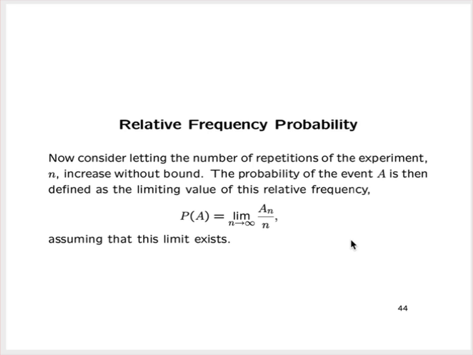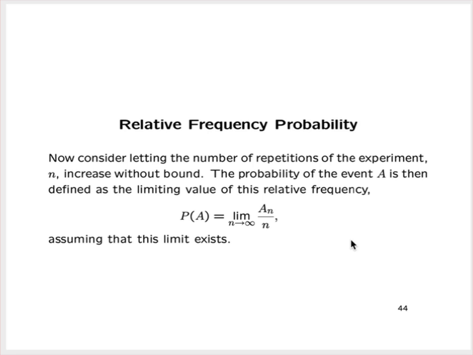And so, for example, if we were thinking about the relative frequency probability of flipping a head with a given coin, then we can think of a sequence of coin flips with that coin, and the relative frequency we would be talking about would be the proportion of times out of n trials that we get heads.